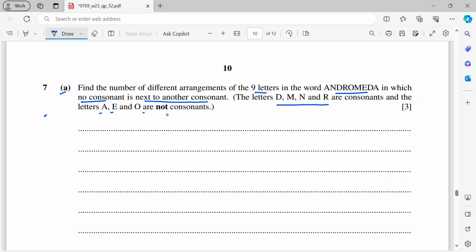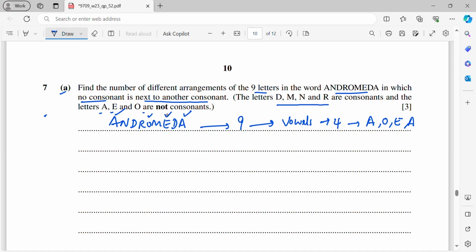Okay, so basically here A, N, D, R, O, M, E, D, A, there are 9 letters here. So I will have vowels. There are 4 vowels, A, O, E, A. These are the 4, A, O, E, A.